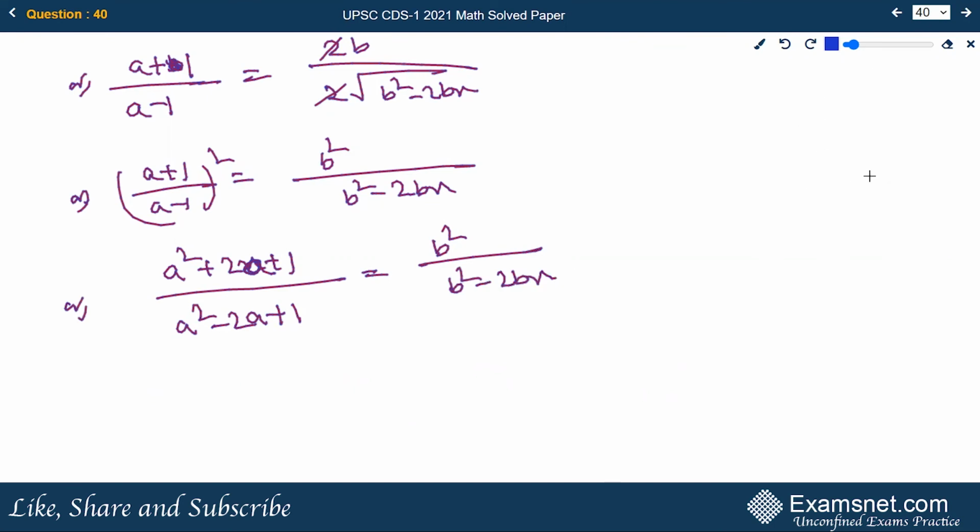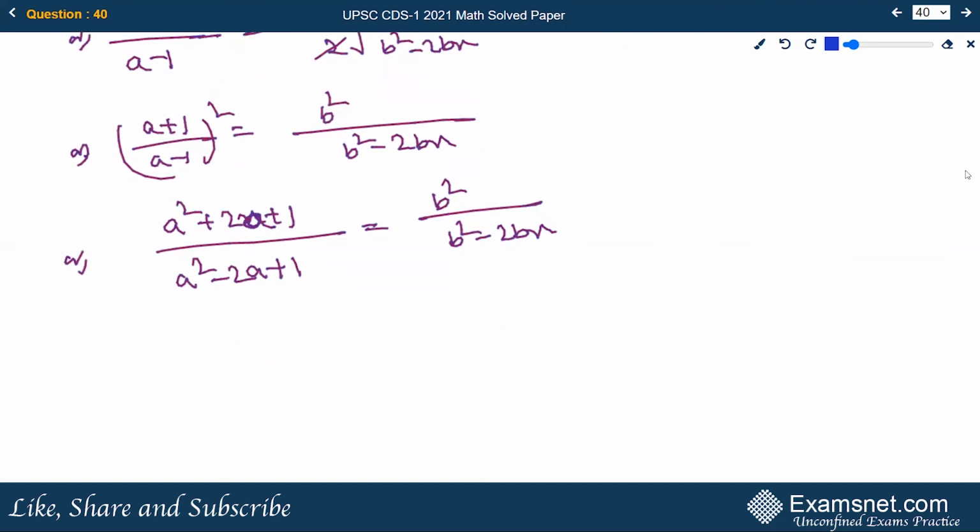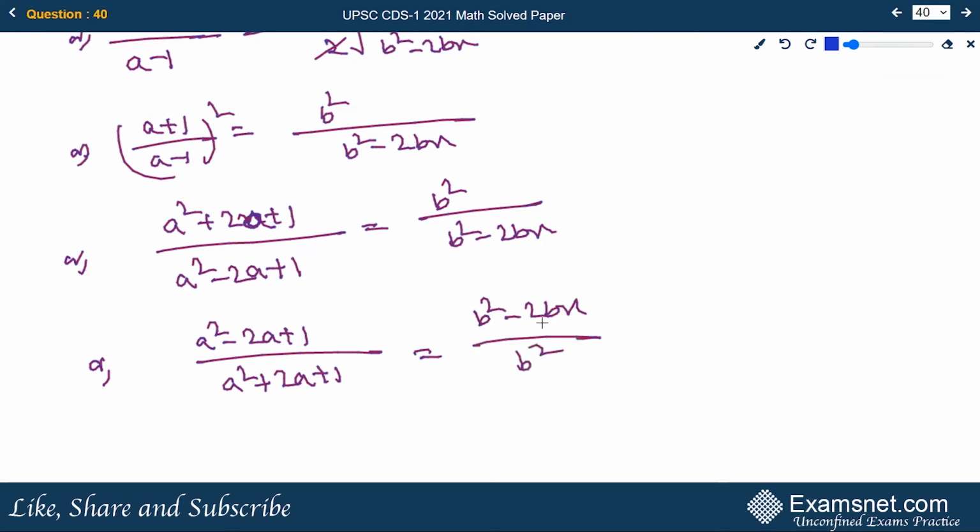Again, what I can do here is flip it, if I find a reciprocal on both sides, it will be a square minus 2a plus 1 by a square plus 2a plus 1, and the right side becomes b square minus 2bx by b square. Now I can distribute the division, so it would be b square by b square minus 2bx by b square.